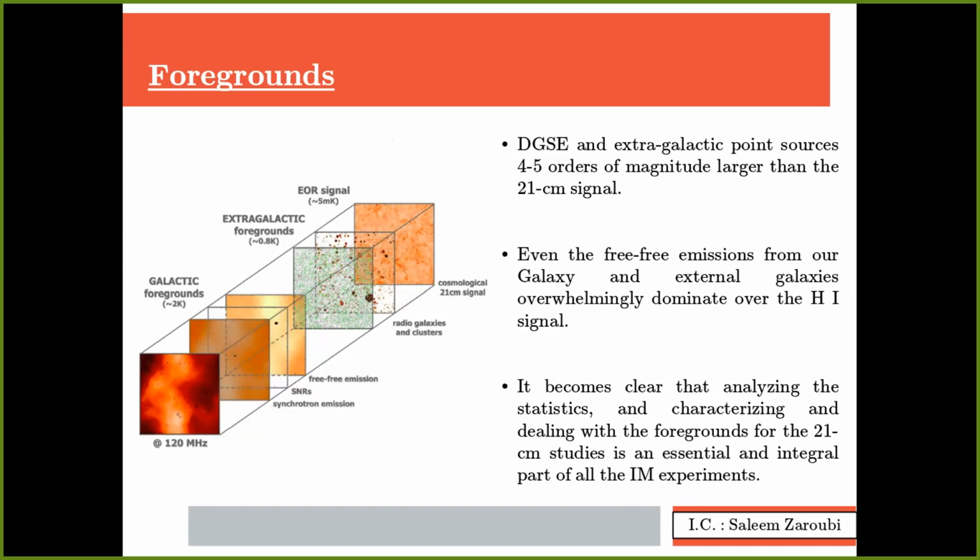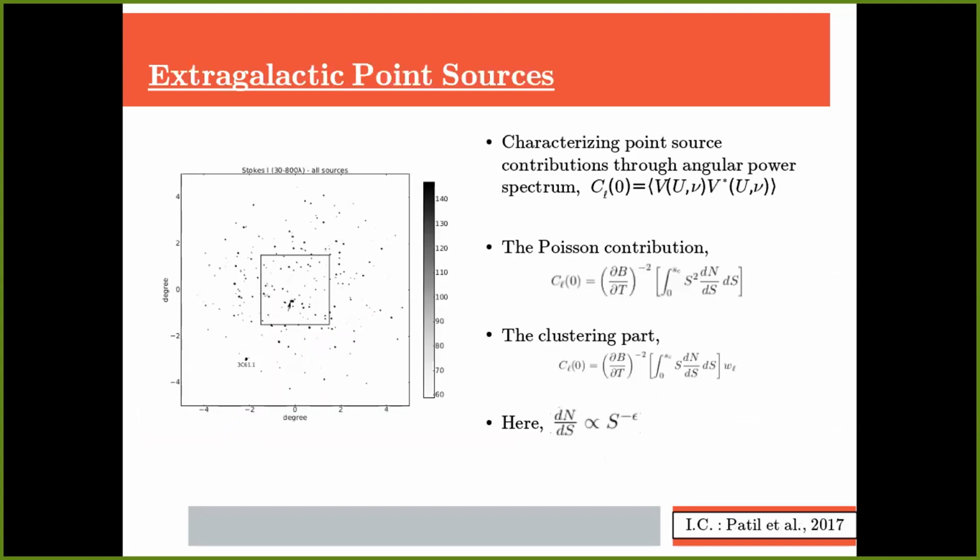Which is why it becomes clear why it is important to analyze the statistics, characterize and deal with the foregrounds for 21 centimeter studies, and why it is an essential and integral part of all the intensity mapping experiments.